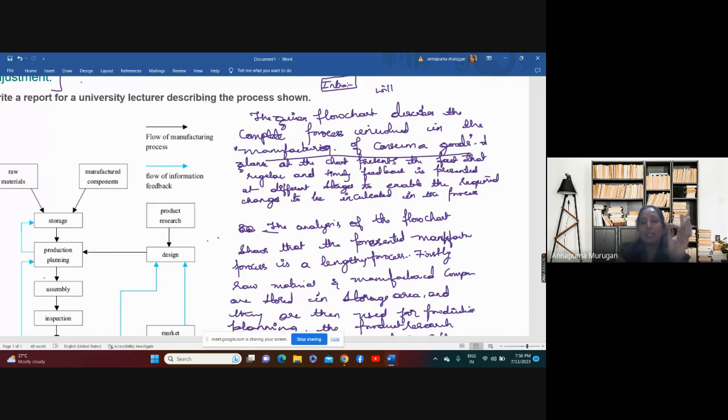It is a phrase which is used as a name. Here the verb is process involved. Involved is the main verb, and this is the name of the process. That is the reason I am using manufacture of consumer goods. The given flow chart describes the complete process involved. Involved is the main verb of the sentence. This is the subject, and we are using it as an object name.